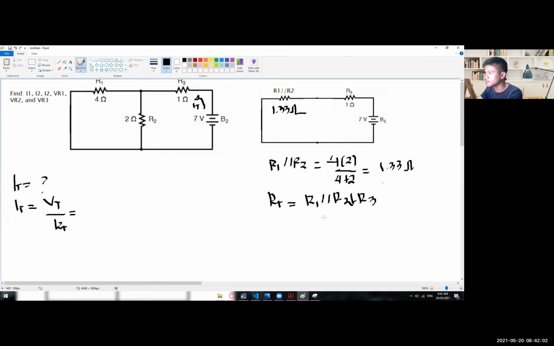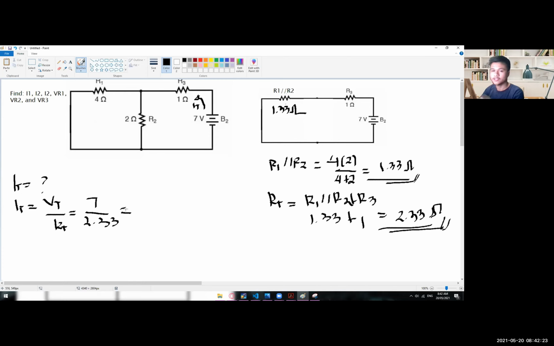So R1 parallel to R2 is 1.33 plus R3 is 1 ohm. So this one is 2.33. And then for the V total, it's still 7. And then RT is 2.33 ohms. So 7 divided by 2.33 is 3 amps. All right.